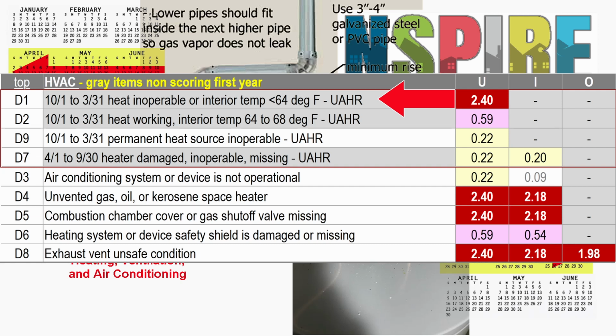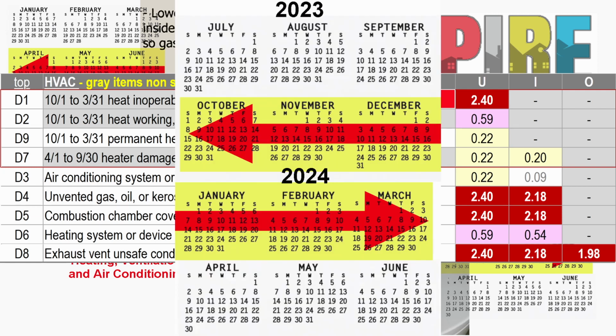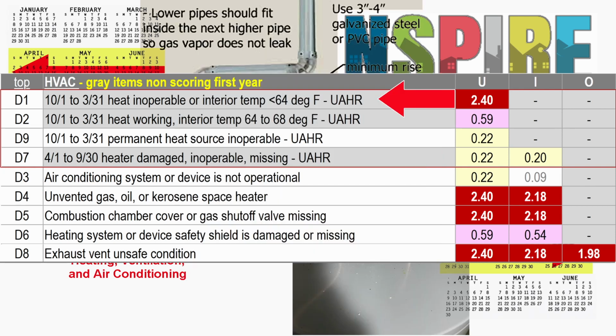Deficiency 1, it's the heating season. It's between October 1st and March 31st, and the heat is inoperable, or the temperature is below 64. So the heat is inoperable, or the temperature is below 64 degrees. That's considered life-threatening, and it's worth 2.4.